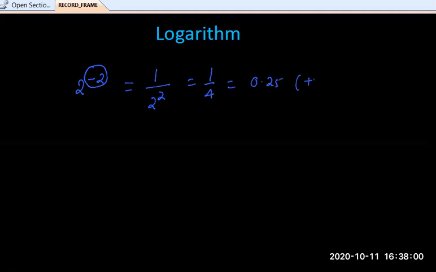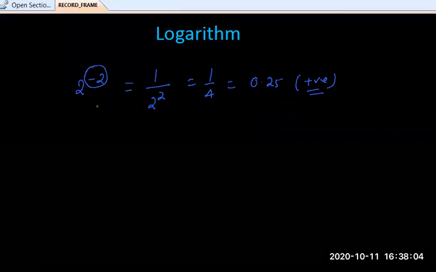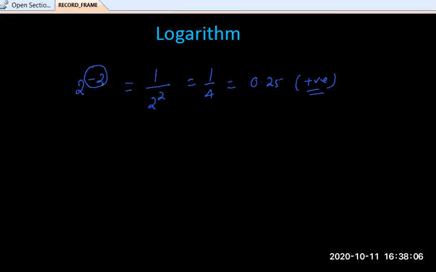This means it is positive. It's a positive number. Therefore, the index of the power may be positive or negative. If the base is positive, then the answer is positive. Whatever result we are getting is positive.